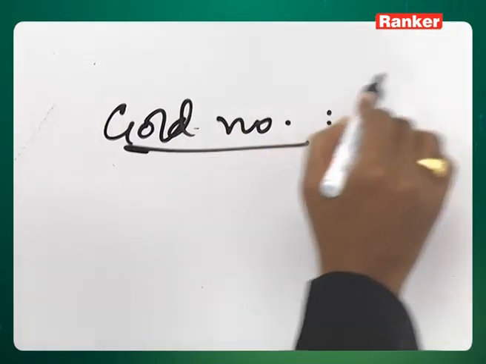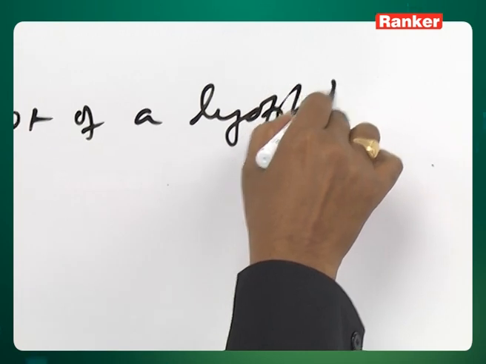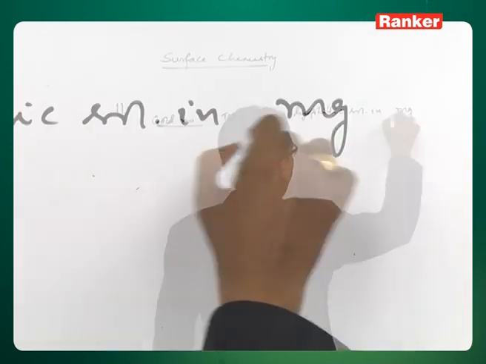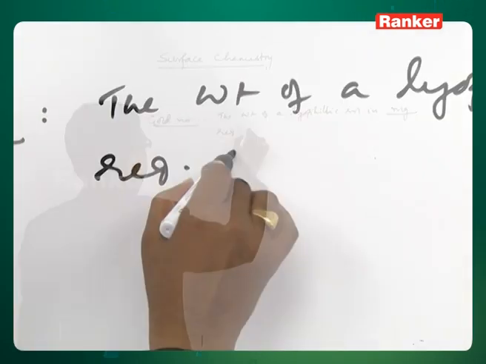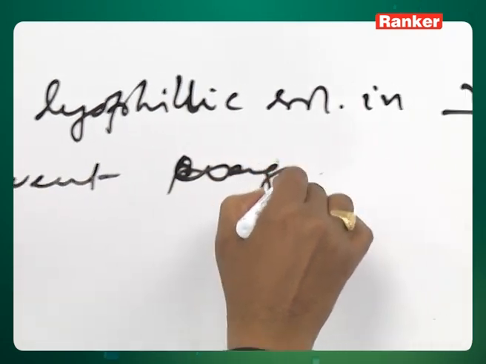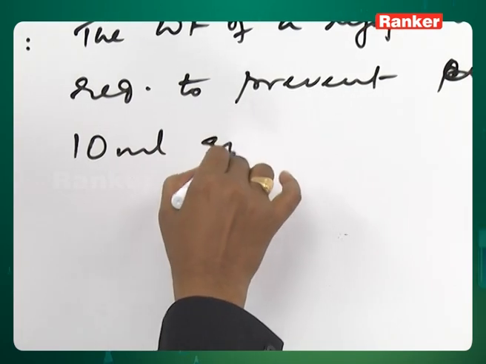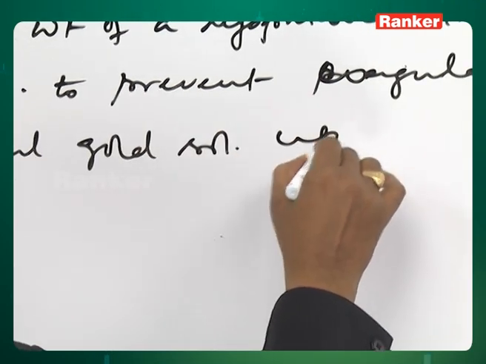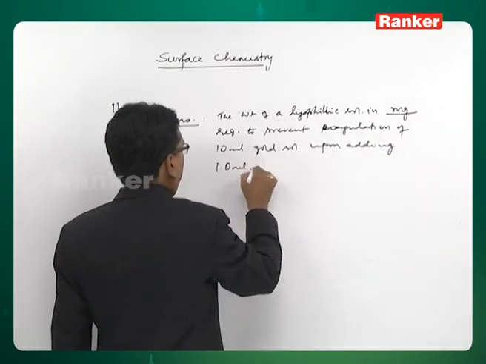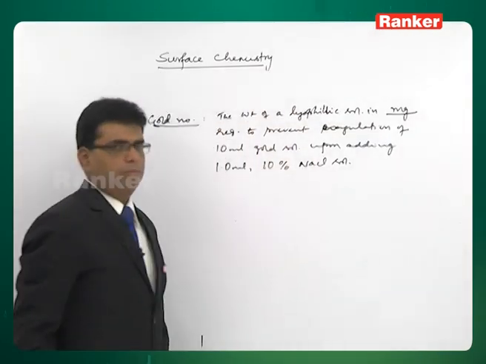Gold number is the weight of a lyophilic sol in milligrams required to prevent coagulation of 10 ml gold sol upon adding 1 ml of 10% NaCl solution.